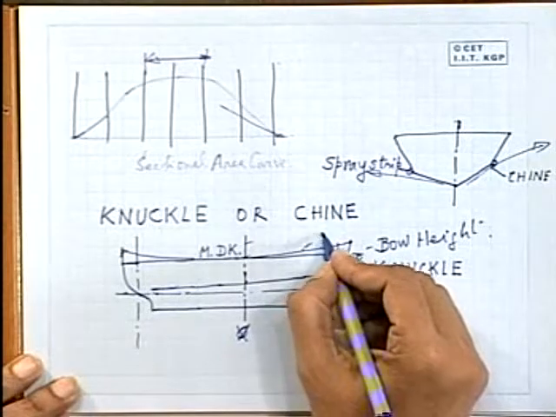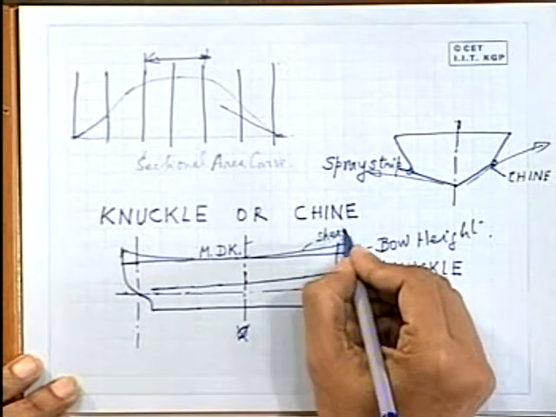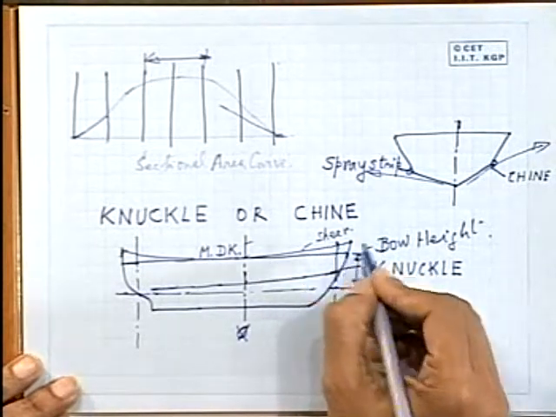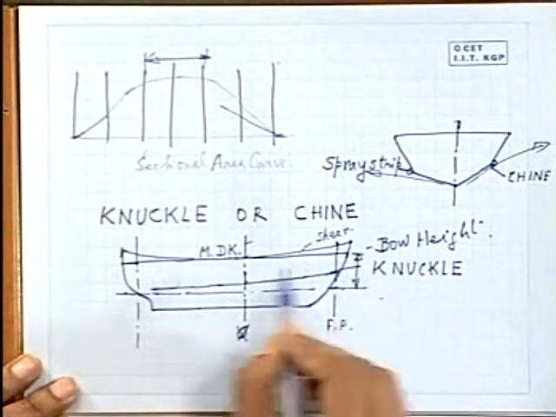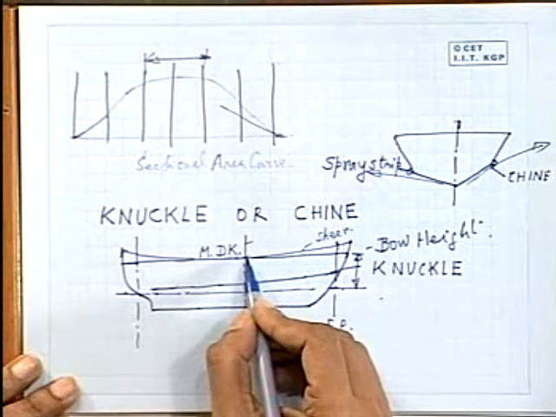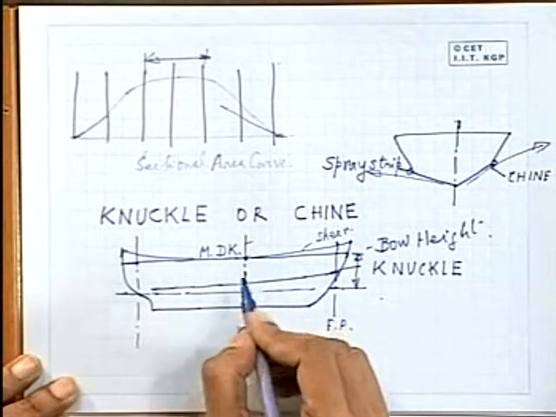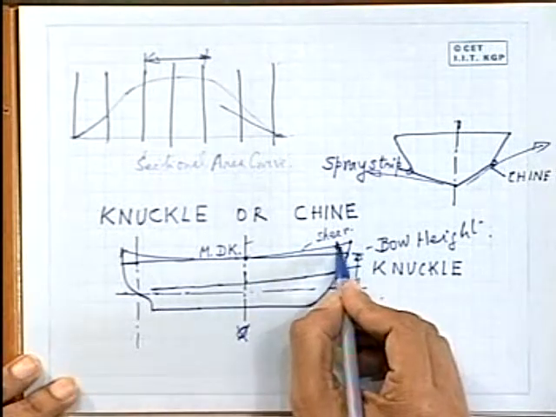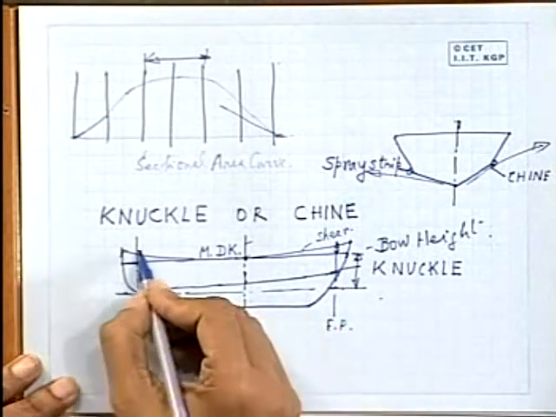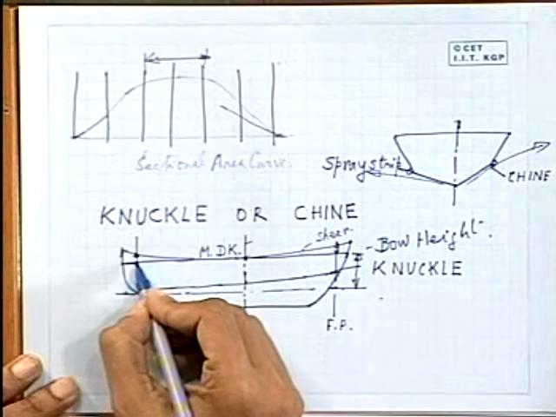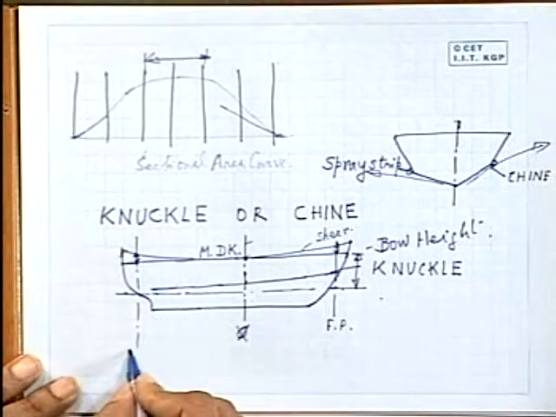So this is called shear. The amount by which the main deck is above a horizontal line passing through the lowest position on the main deck at midship is called the shear. At the forward perpendicular, this is called shear at FP, and at the after perpendicular, this is called shear at AP.